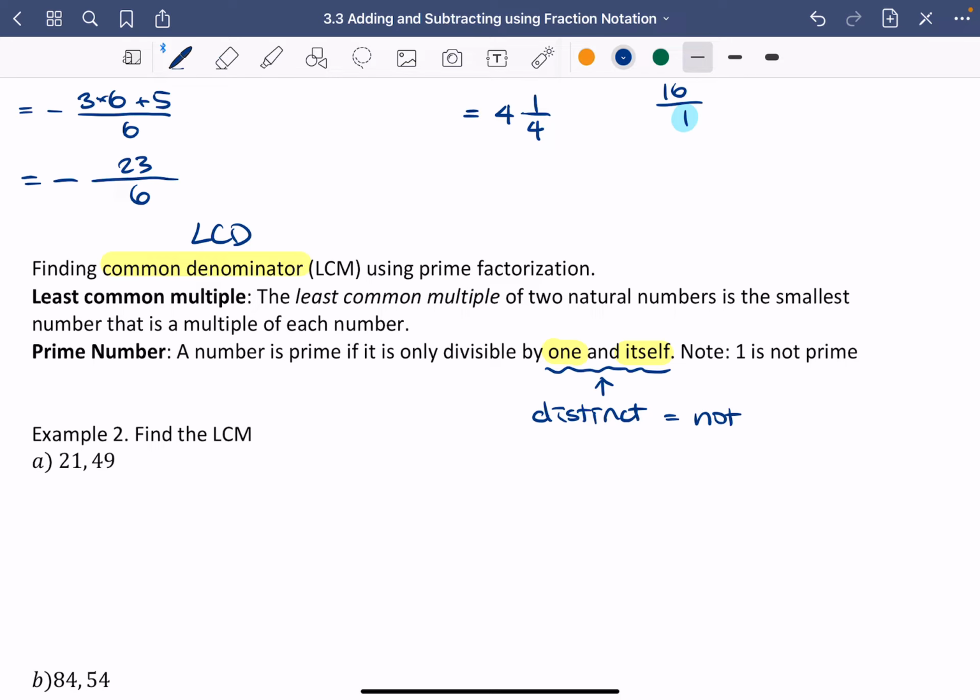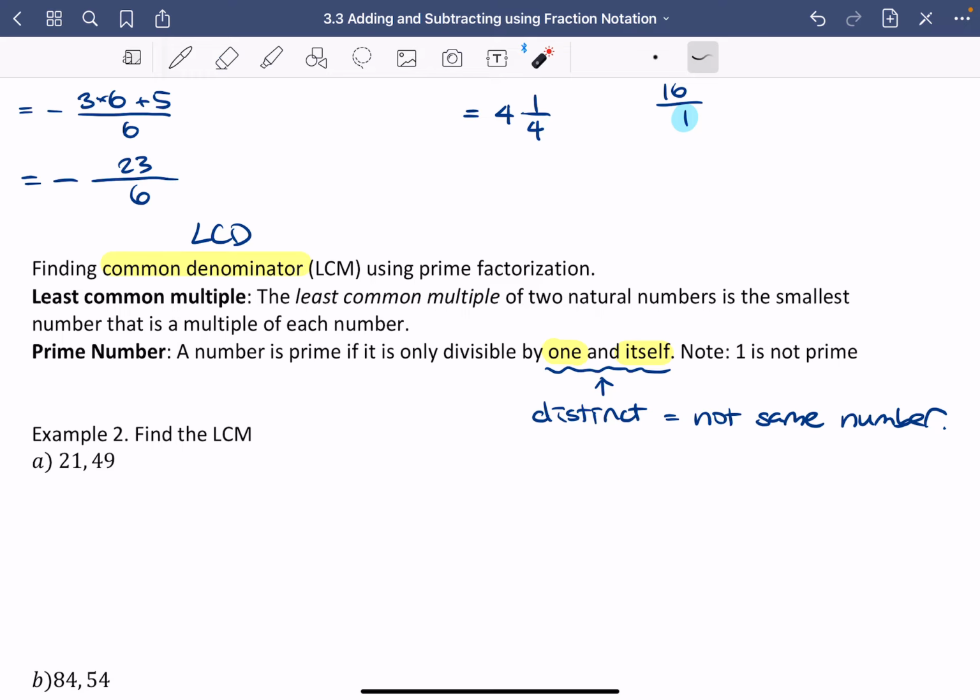So 1 and itself have to be two different numbers. 1 would not be a prime number because 1 is only divisible by 1. Although itself is also 1, 1 and itself are still 1, they're not two distinct numbers. They're just the same number. So 1 is not a prime number.